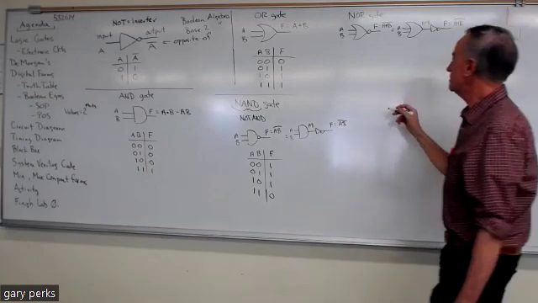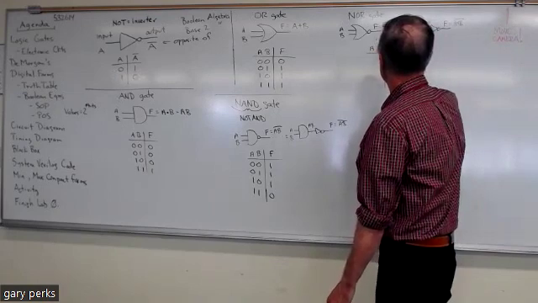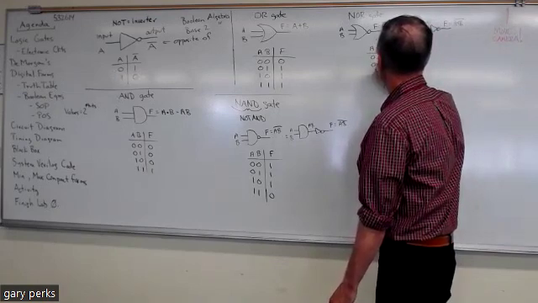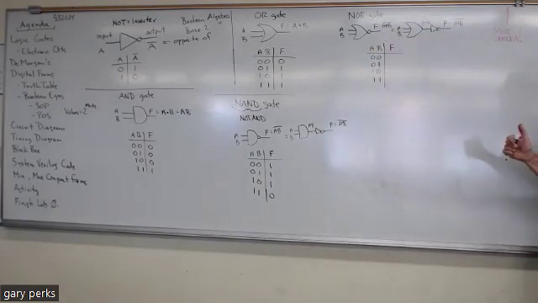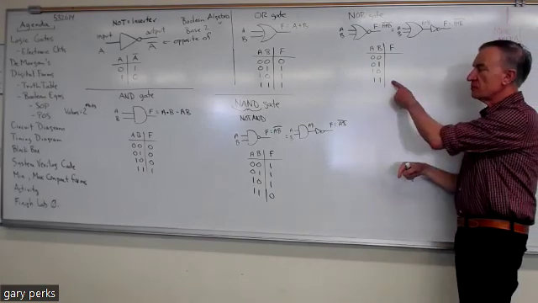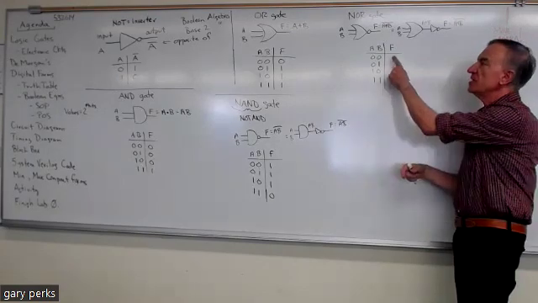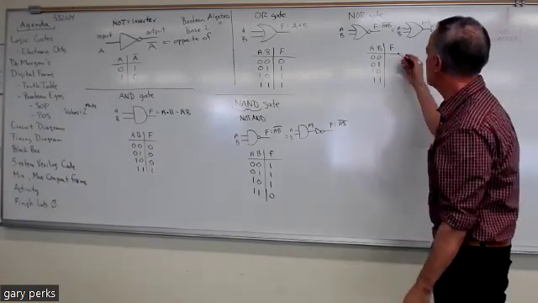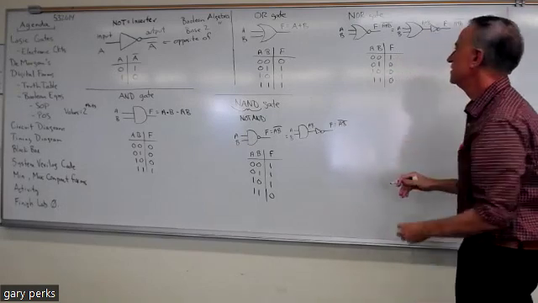Okay, and then the truth table. Well, the output of the NOR is just going to be the outputs of the OR inverted. You'll get a 0 out of a NOR as long as at least one of the inputs is a 1. And you only get a 1 out when all the inputs are 0. So it'd be 1 and then 0, 0, 0.